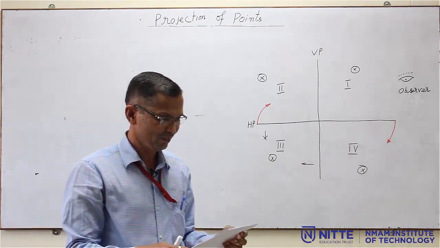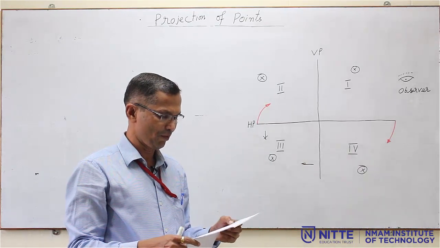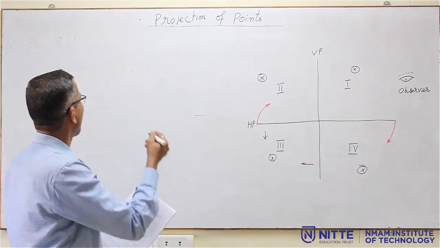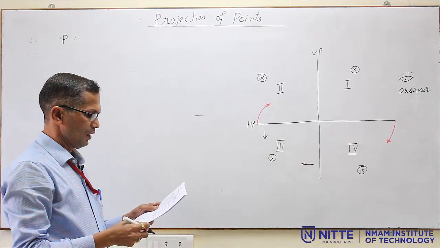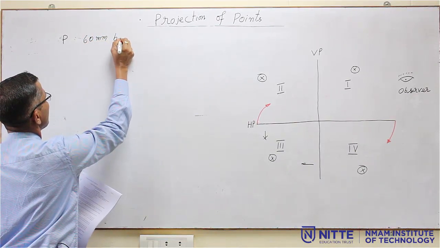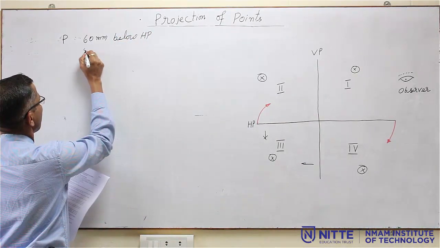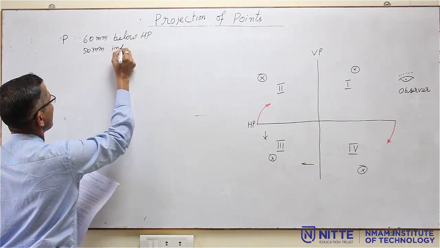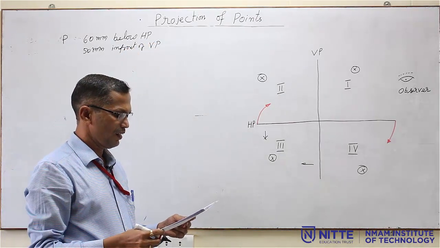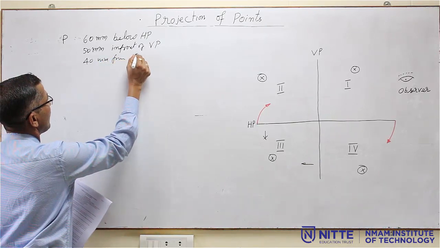So, in this question bank, problem number 3, the third problem: draw all the 3 views of a point P, lying 60 mm below HP, 50 mm in front of VP, and 40 mm from RPP.